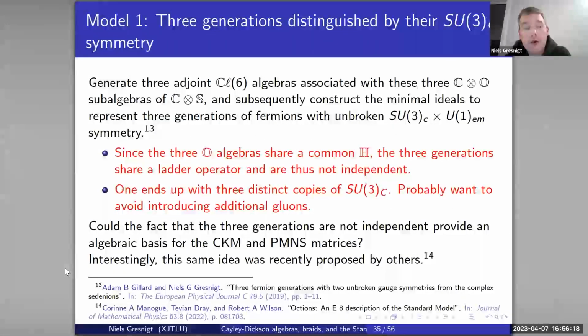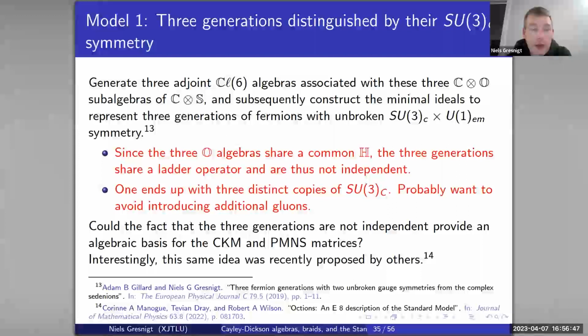You can just follow the same construction as before for each of these octonion subalgebras and generate a CL6 and the minimal ideals. And of course, you'd find the same gauge symmetry preserving each ideal. However, this time, because the 3 octonion subalgebras are not completely independent of one another, one of the ladder operators will actually be shared. So the 3 generations don't come out as completely independent.